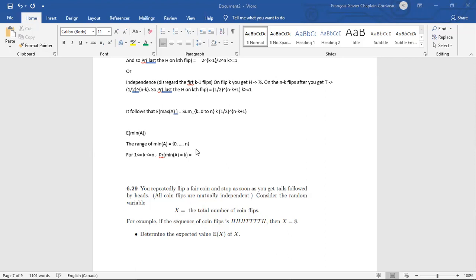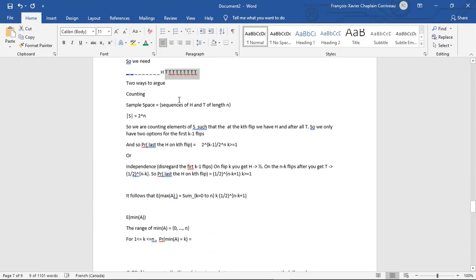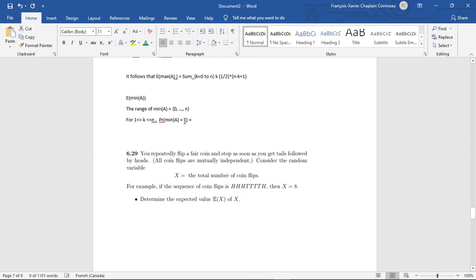It all comes down to, well, here at position k, I knew that this was my last head, because otherwise I would have something bigger. Well, for the minimum, k is the position of the first head. Otherwise, we would have something smaller. So it's the probability that the first head is at position k.